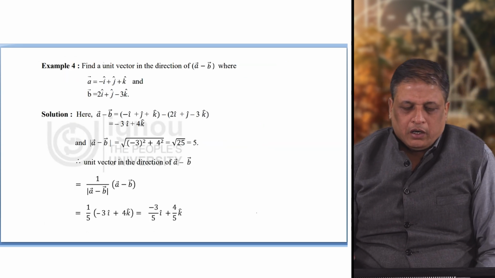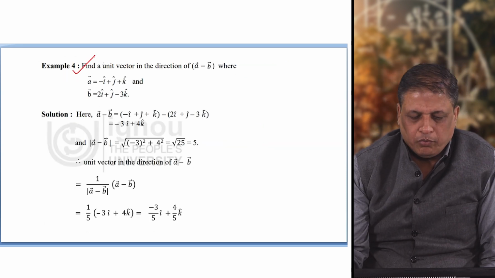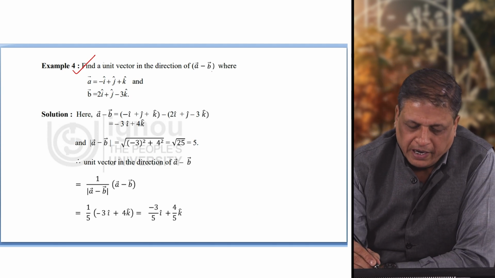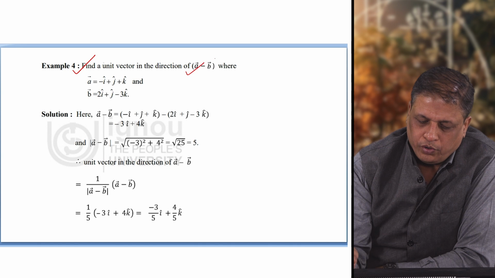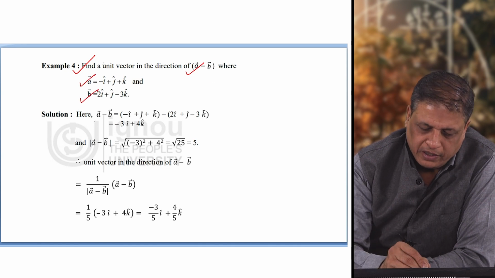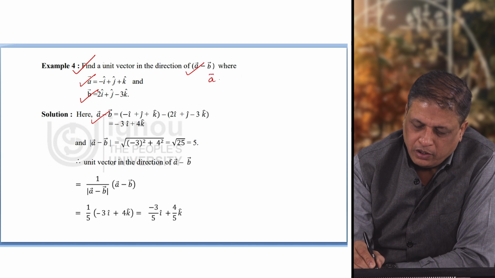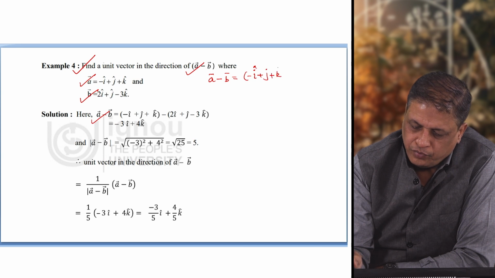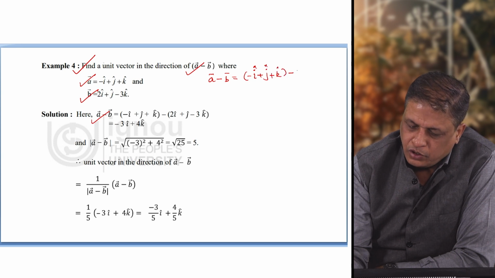Similarly, for better understanding, one more numerical: find a unit vector in the direction of the A minus B vector. We are given vector A and vector B, so we are supposed to find vector A minus B. A vector minus B vector will be equal to minus i plus j plus k unit vectors, minus twice i unit vector plus j minus 3 times k.